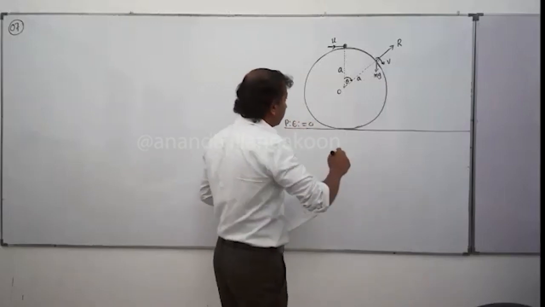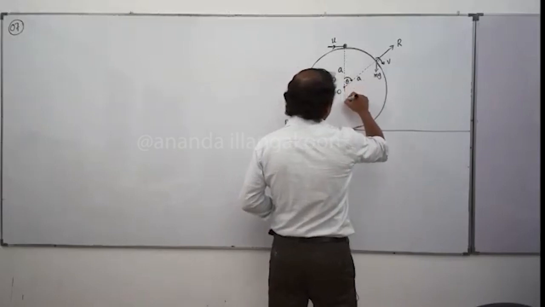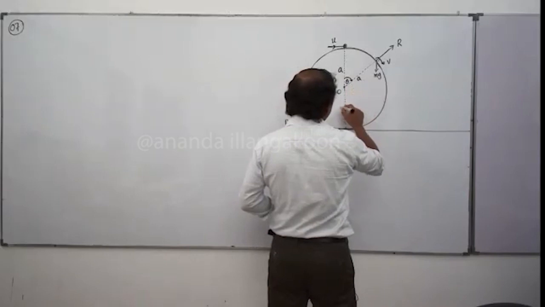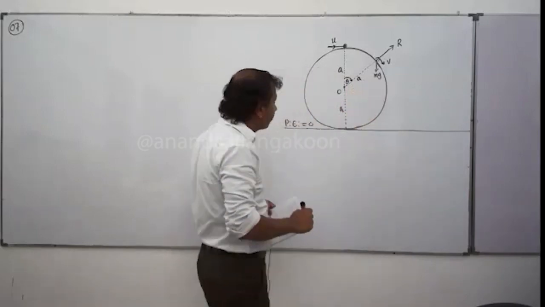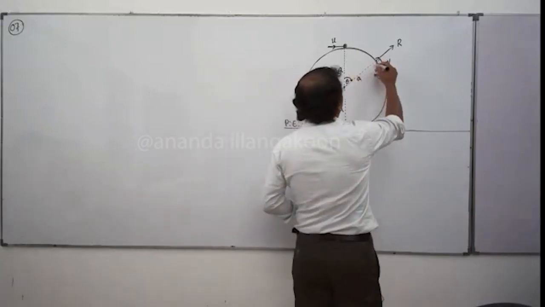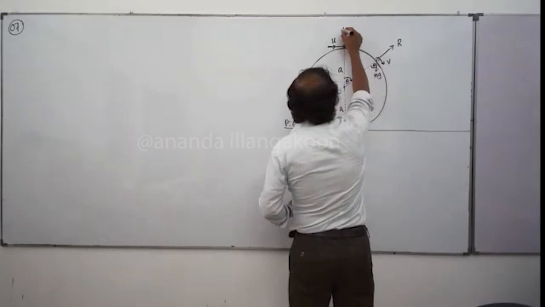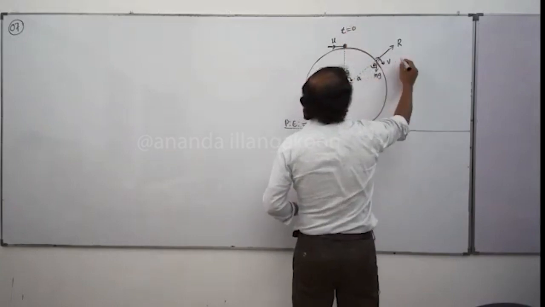So this also then A, right? So first thing is, if this angle is theta, this also theta. People, here this is t equals 0, and this is t equals T.